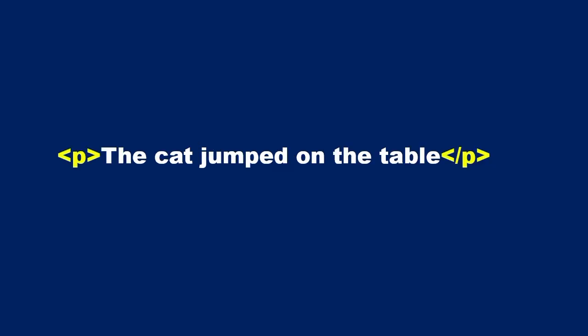So this is how we would represent the same line of content with HTML paragraph tags. That way that line of content stands on its own in its own separate line. The P here is known as a paragraph tag. It's what is used to create a paragraph for content.